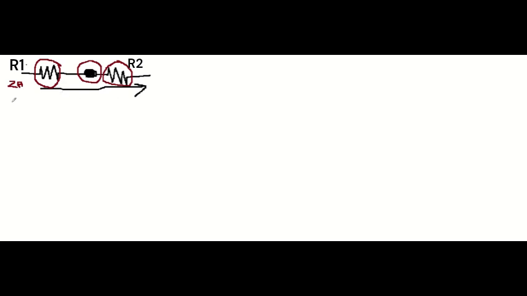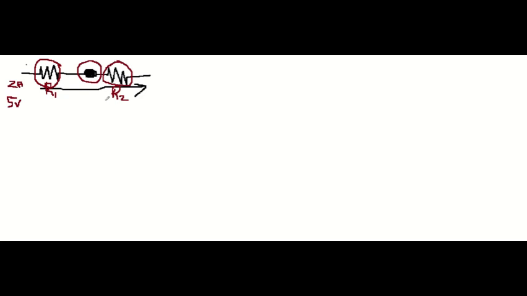Now if 5 volts is applied to the circuit, then depending on the resistance value of R1, some voltage will drop across this resistor, and again depending on the resistance value of R2, the remaining voltage will be dropped across, or used up by, that resistor.